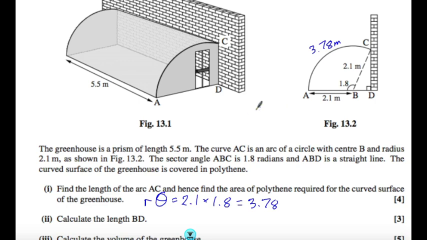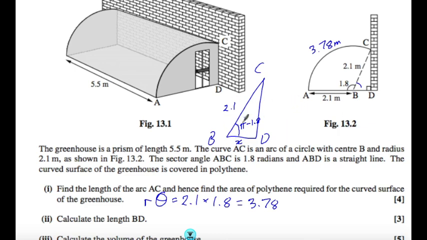So I'm going to draw this triangle CBD a bit bigger. They want this length BD, let's call it x. So we know this is 2.1, and we also know this angle here is pi minus 1.8, because there's 180 degrees or pi radians in a straight line, so this must be pi minus that 1.8.